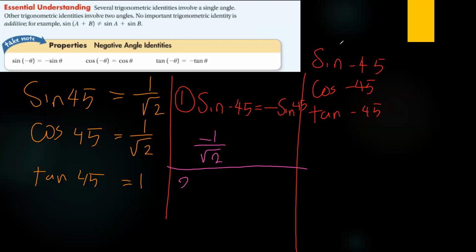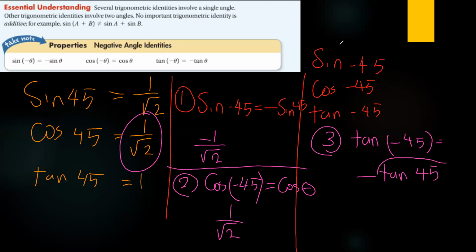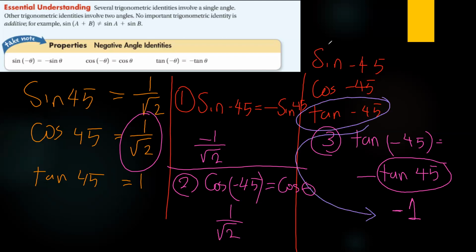The second one, cosine of negative 45: the cosine of any negative theta is the same as the cosine of the positive, so it is 1 over square root of 2. And the last one, tan of negative 45, is negative tan of 45. What is the tan of 45? It's 1, times negative, so the tan of negative 45 is negative 1.